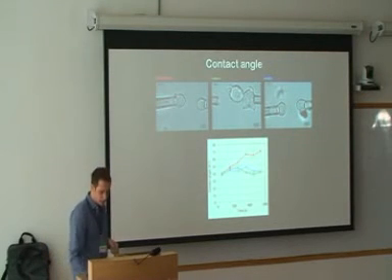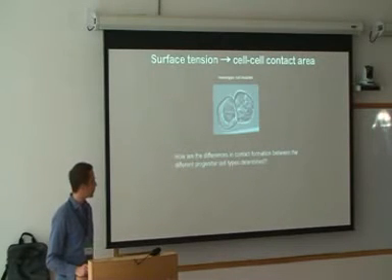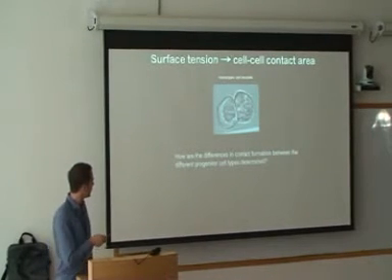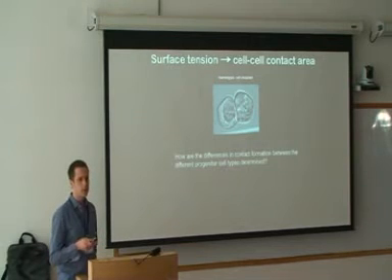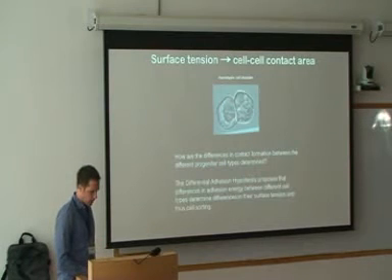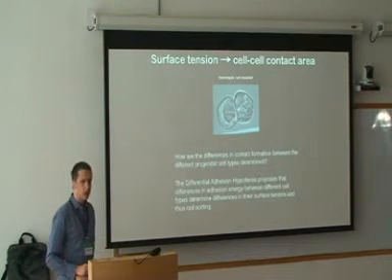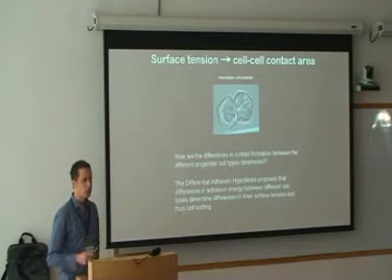Now, if you look at these cell-cell contact angles, the question is why is ectoderm forming a larger cell-cell contact than mesoderm and endoderm? I'm coming back here to Steinberg, who had some ideas about how cells are contacting each other and how surface tension is being established.